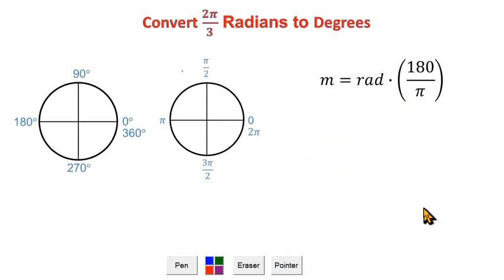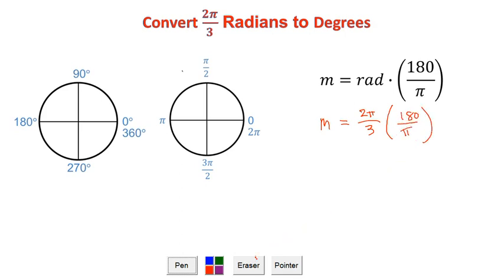Next part is, how do you convert radians to degrees? It's just as easy. Here's my formula to go from radians to degrees. So I'm going to say my measure of my arc, or my degrees of my arc, we're going to start with 2 pi over 3. So I want to know, what is the degrees of the radian measure 2 pi over 3? We're going to multiply that times 180 over pi.